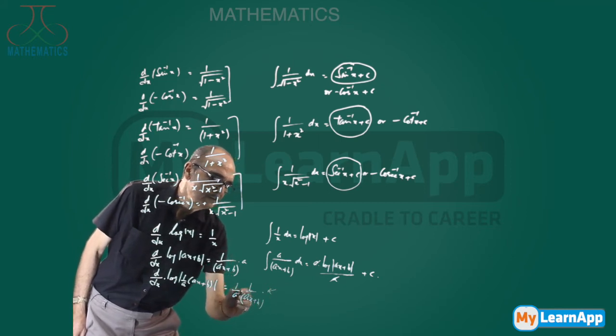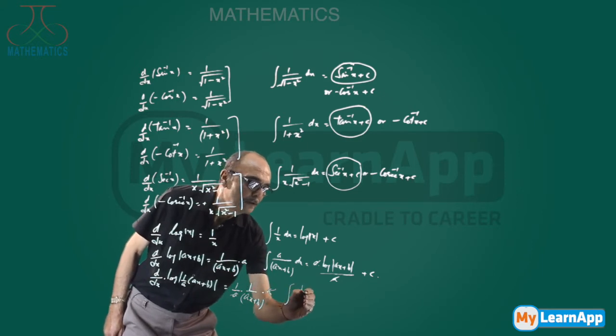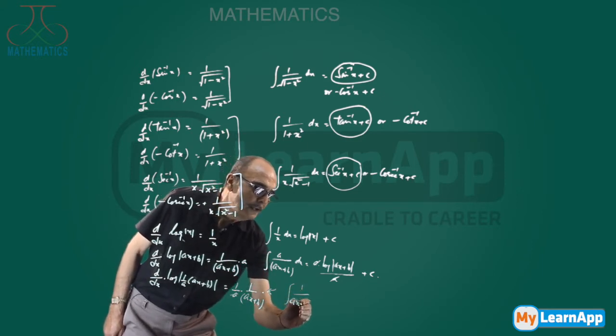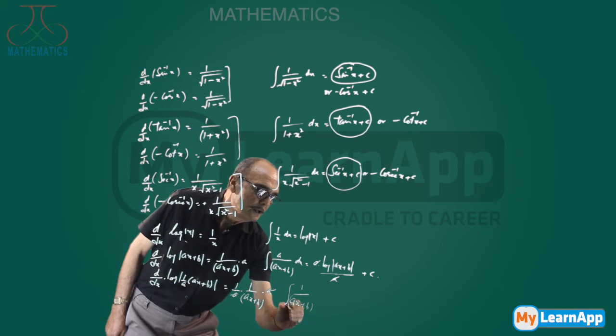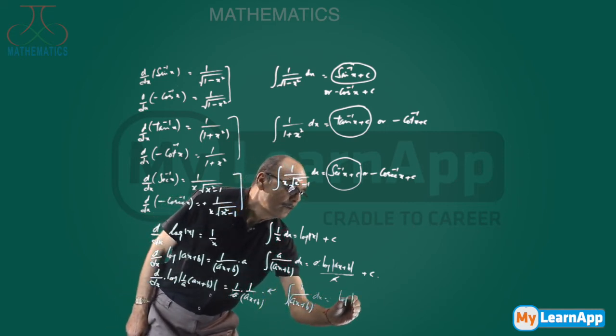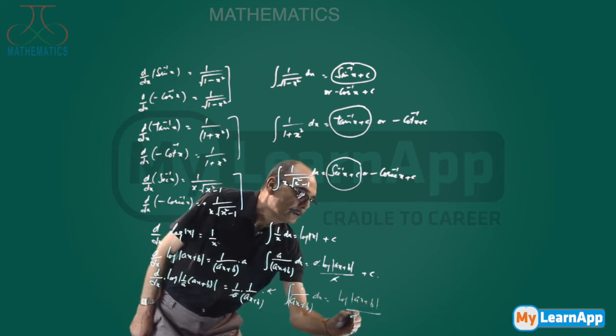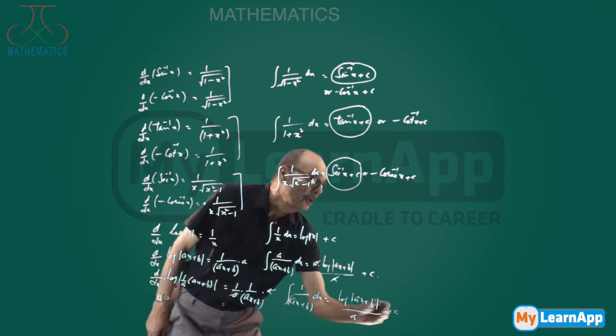This a gets cancelled with this. So, integral of 1 upon ax plus b d of x will be log of ax plus b divided by coefficient of x plus c.